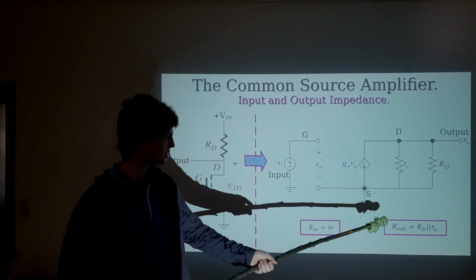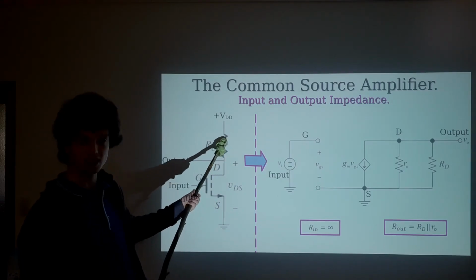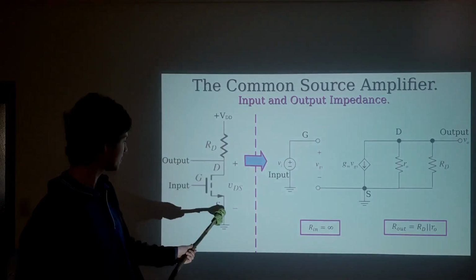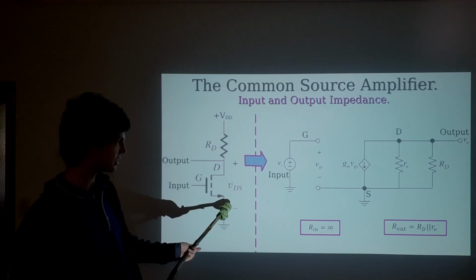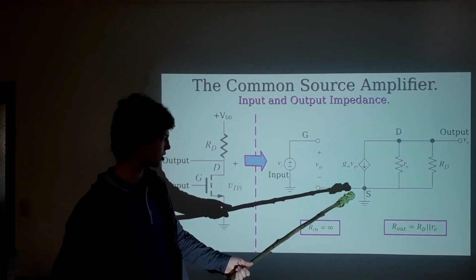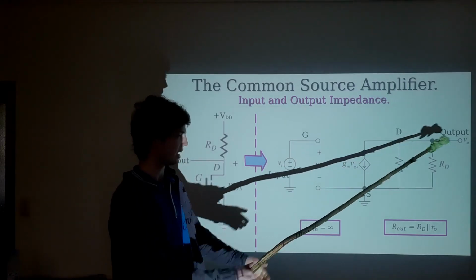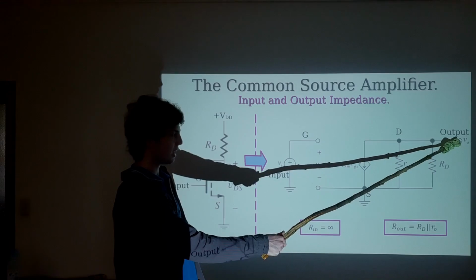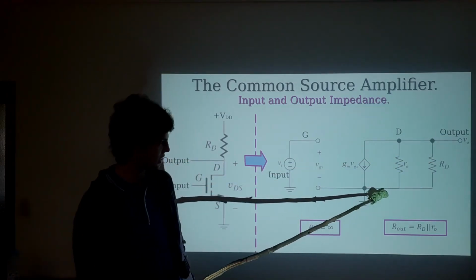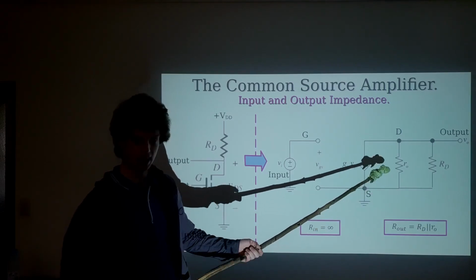The output resistance for this whole amplifier, including this resistor here and the transistor itself, is going to be these two terms in parallel, right? We've got to go from the input over here to the output over here, and it has to go through these two resistors because it can't go backwards through this current source to get to the output.